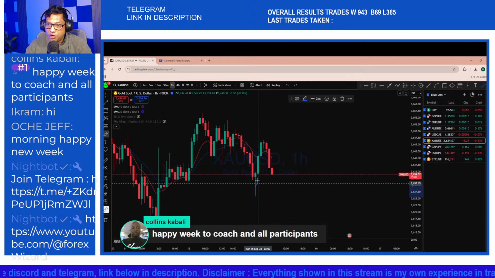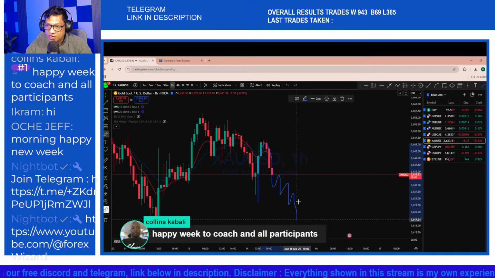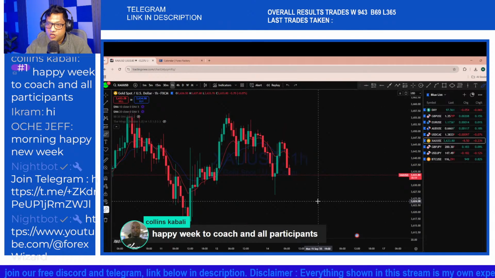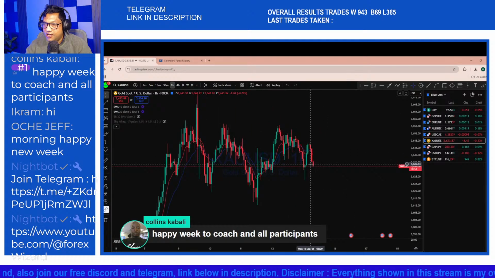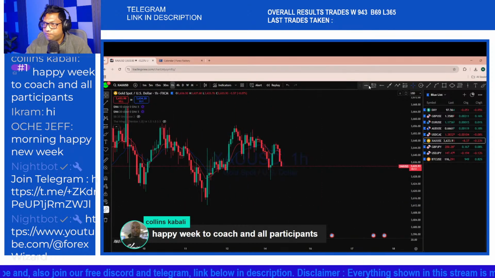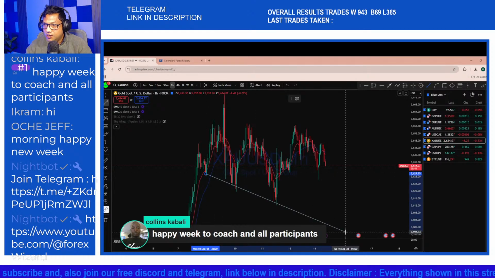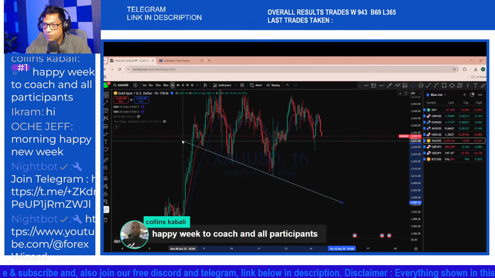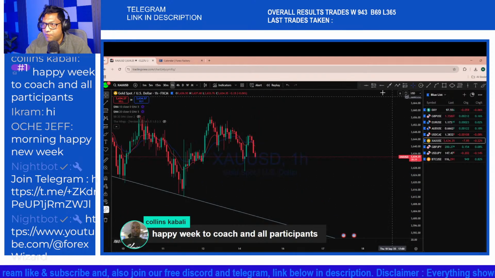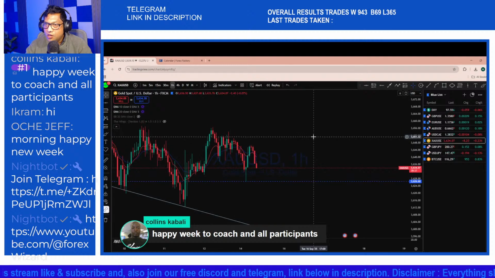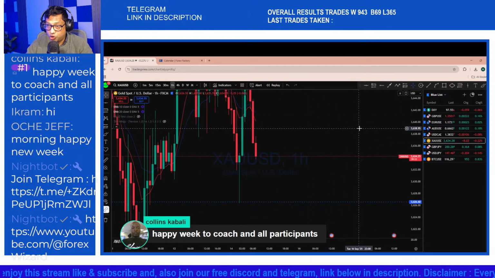We have seen a breakup structure here and then a return from this zone, which is currently in a trend. Here you can see it's a trend, and the previous swing low is here. So there are a couple of levels that we can look at for potential entry.